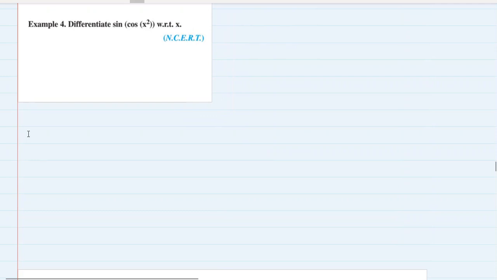Differentiate sine of cos x square with respect to x. Okay. The next question is differentiate sine of cos of x square with respect to x. Now look closely. Okay, we have y is equal to sine of cos of x square.